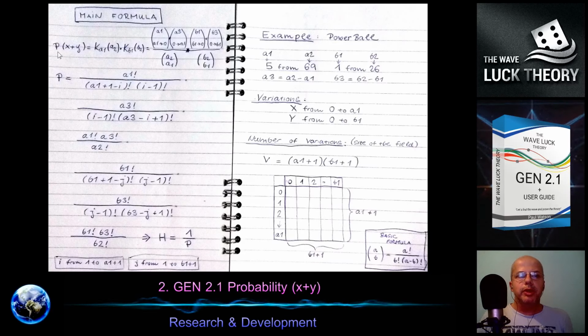So the probability of event x and y is equal to the combinations of drawn numbers from the first drawing machine, based on the amount of balls in the drawing machine, multiplied by the combinations of drawn balls from the amount of balls in a drawing machine.